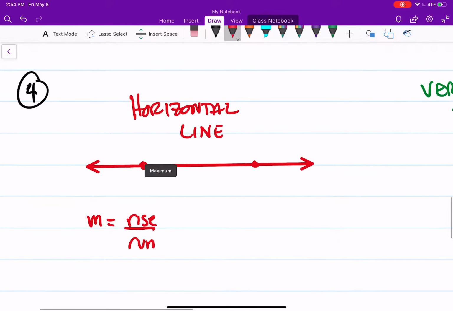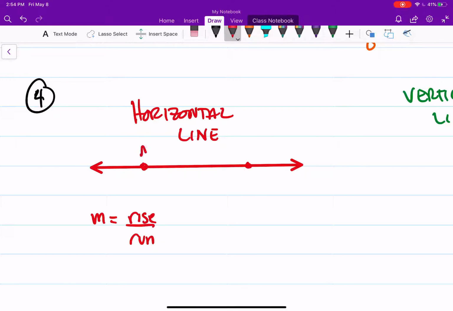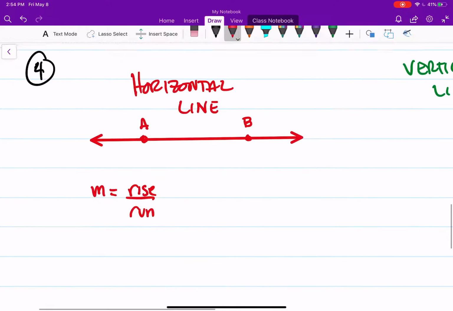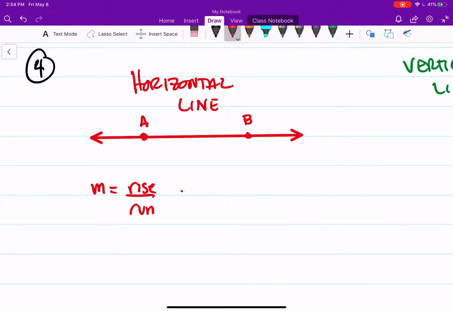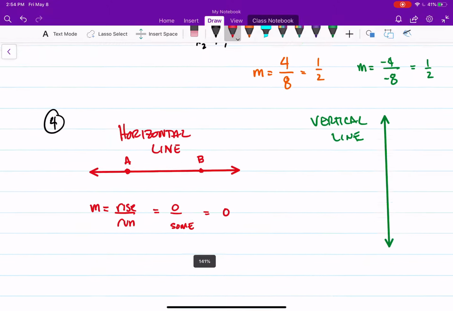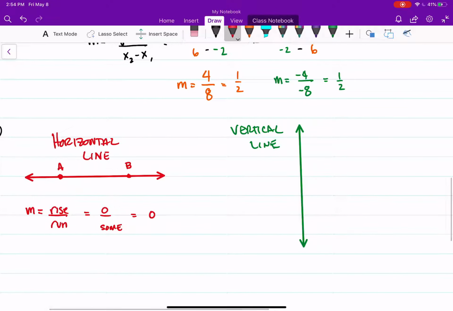So if you look at this, going from point A to point B, how much did I rise? I didn't rise any. How much did I run? Something. Well, what's 0 divided by anything? Still 0, okay? So you can think of it this way, or you can think of it the other way. Either way, it's still going to give you 0.